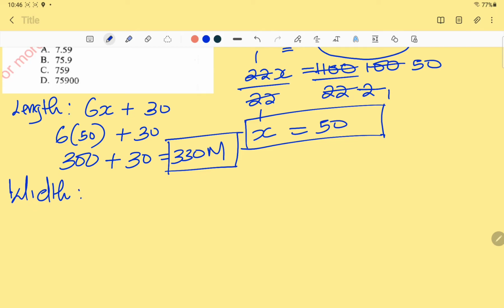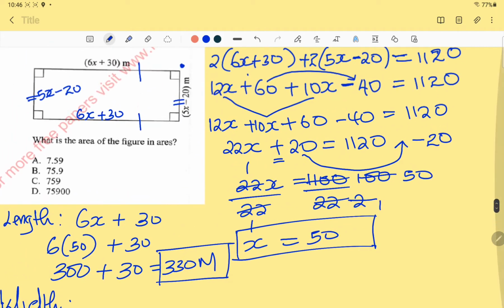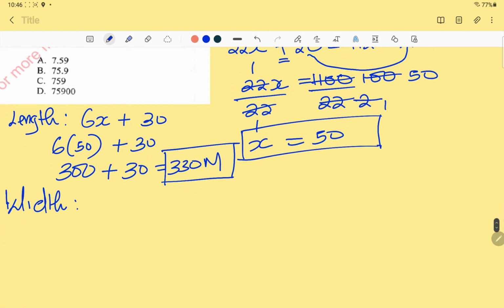Okay. The width is 5x minus 20. So that will be 5x minus 20. So this will be 5 into brackets 50 minus 20.